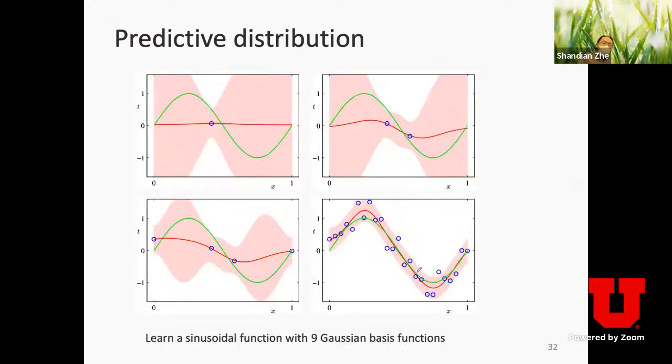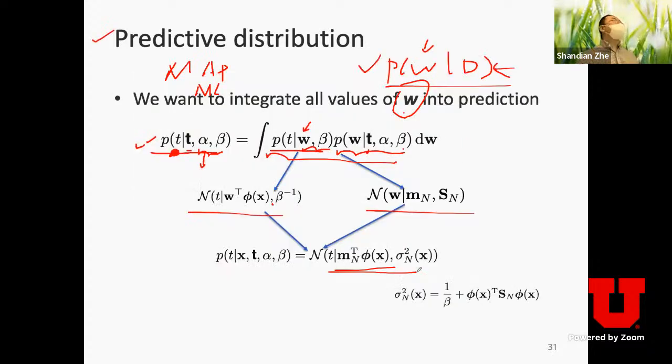Now, similar to our previous example, I want to showcase a concrete example to give you a sense of how the predictive distribution varies as more and more training data is incorporated.